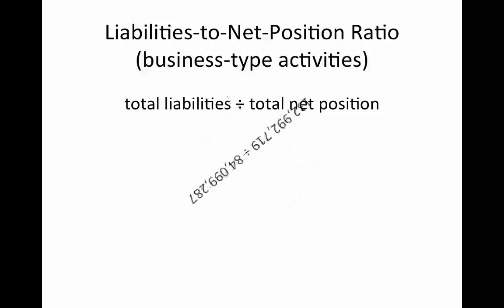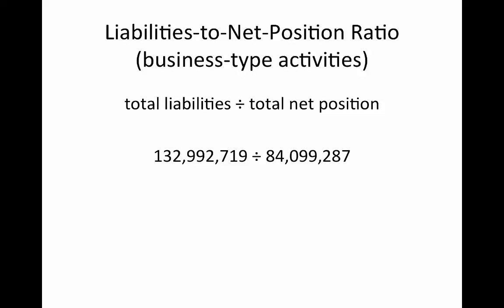And then looking at total liabilities divided by total net position for the business-type activities, that's certainly a healthier looking number. The amount of liabilities isn't nearly as overwhelming in comparison to total net position, but there are still more liabilities than net position associated with those activities.